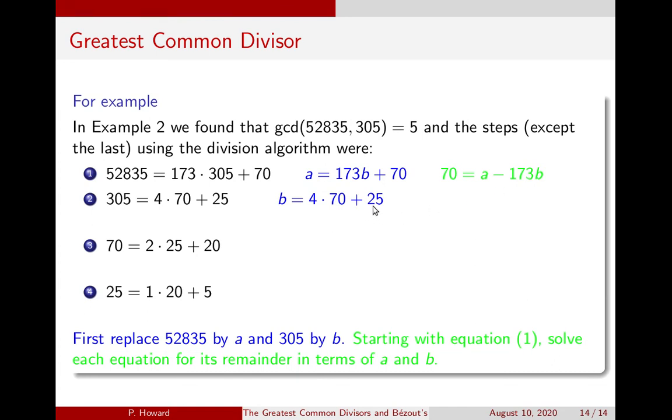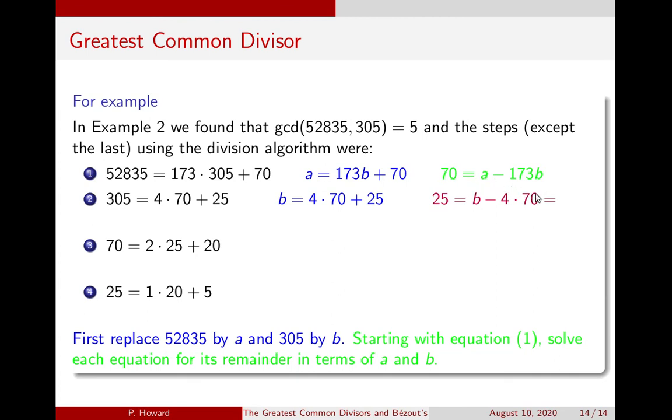On to the second equation. We want to solve the second equation for its remainder, which is 25. So to isolate the 25, we're subtracting 4 times 70 from both sides. 25 is b minus 4 times 70. And now from the result of the first equation, we have 70 in terms of a and b.